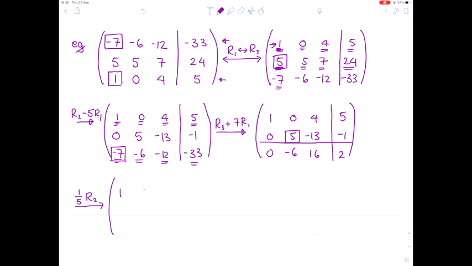So we write down our first row and our third row, which aren't changing. And now we divide this row by 5. So that's 0, 1, minus 13 over 5, minus 1 over 5.